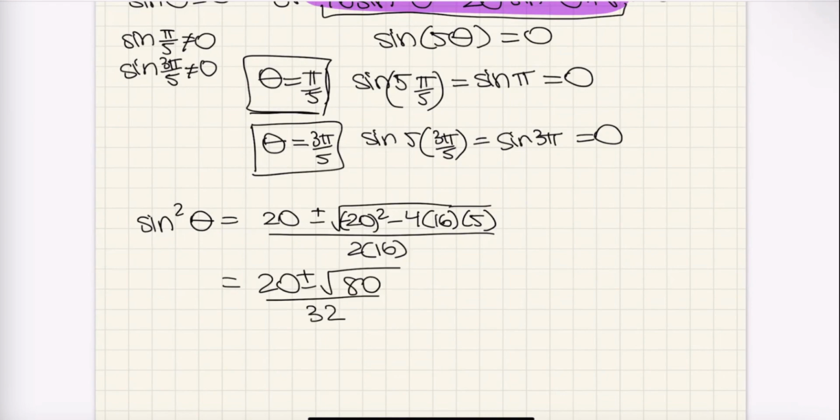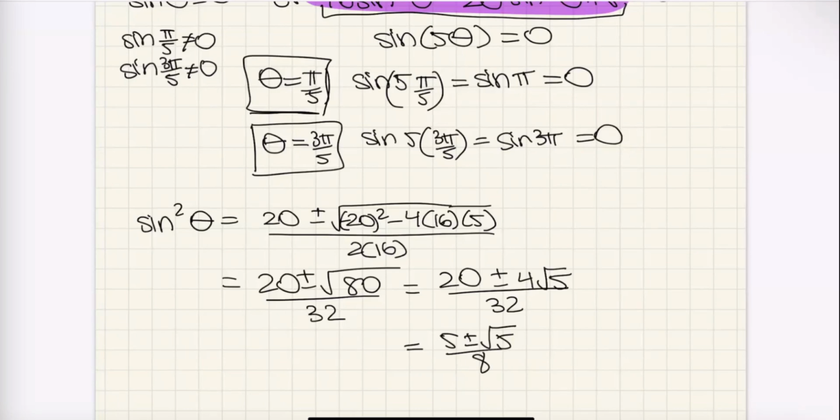Notice that 80 is the same thing as 5 times 16, so the square root is 4 root 5. And then we can reduce this and get 5 plus or minus root 5 over 8.